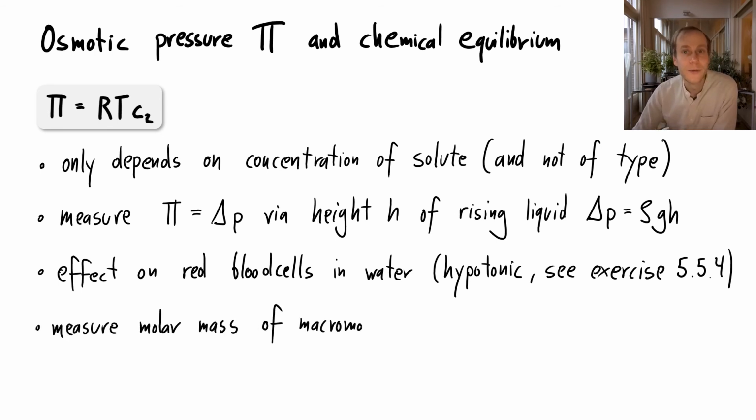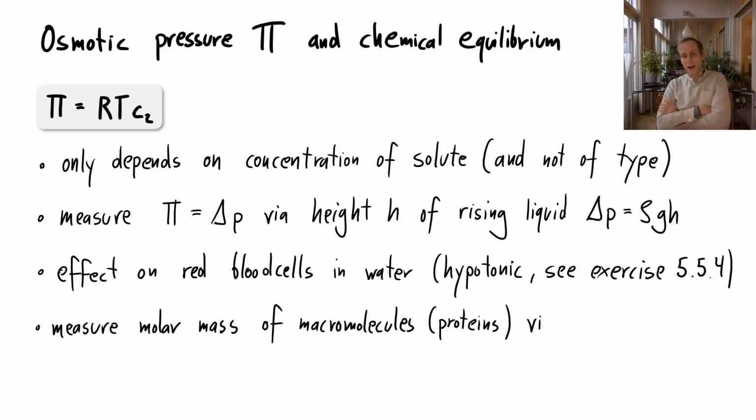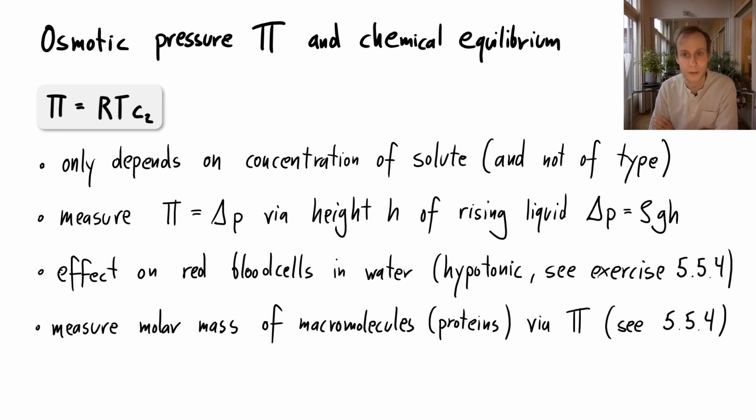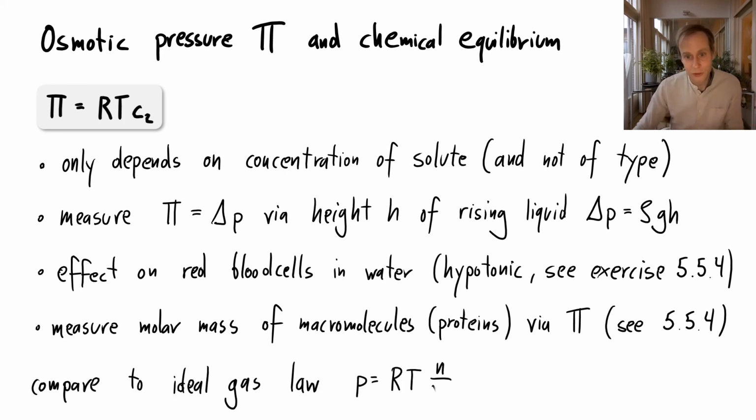You can also use the concept of the osmotic pressure to measure molar masses of macromolecules such as proteins, which is an important experimental technique in experimental biophysics and chemistry. And then last, take a look at the shape of this formula for the osmotic pressure.